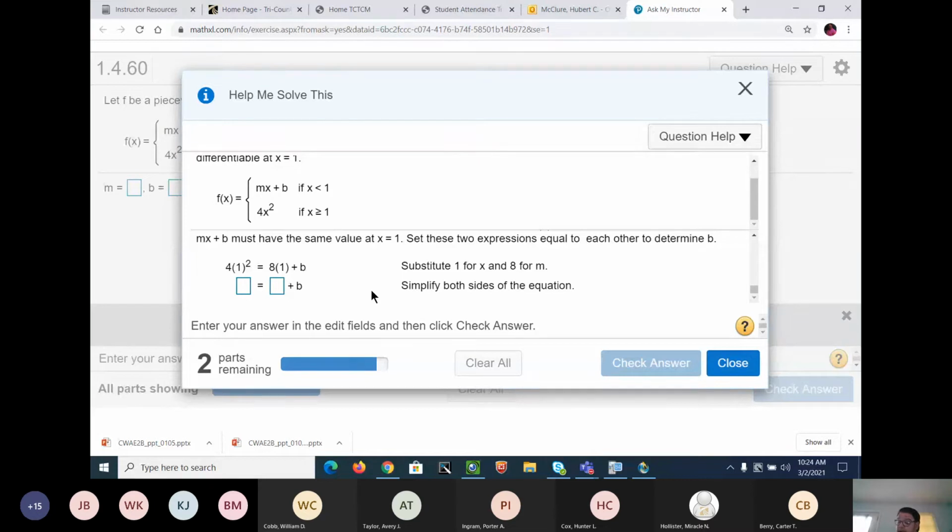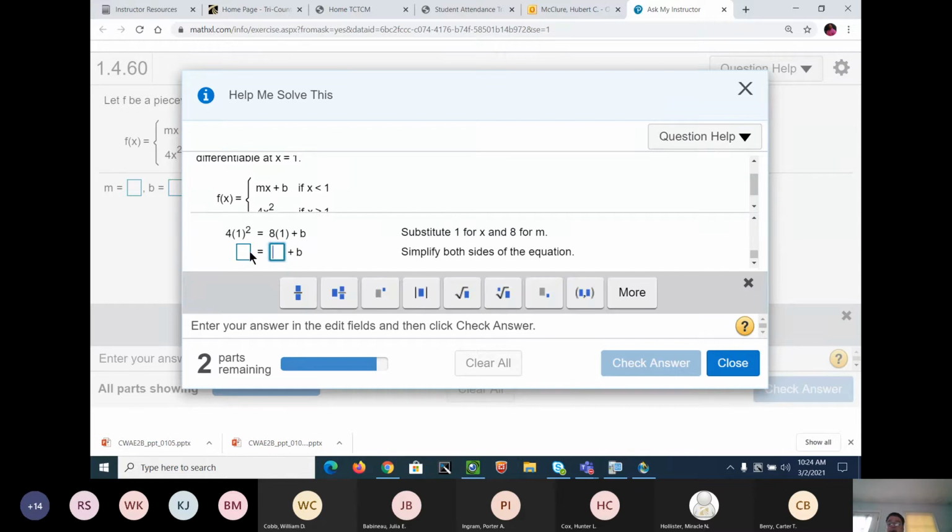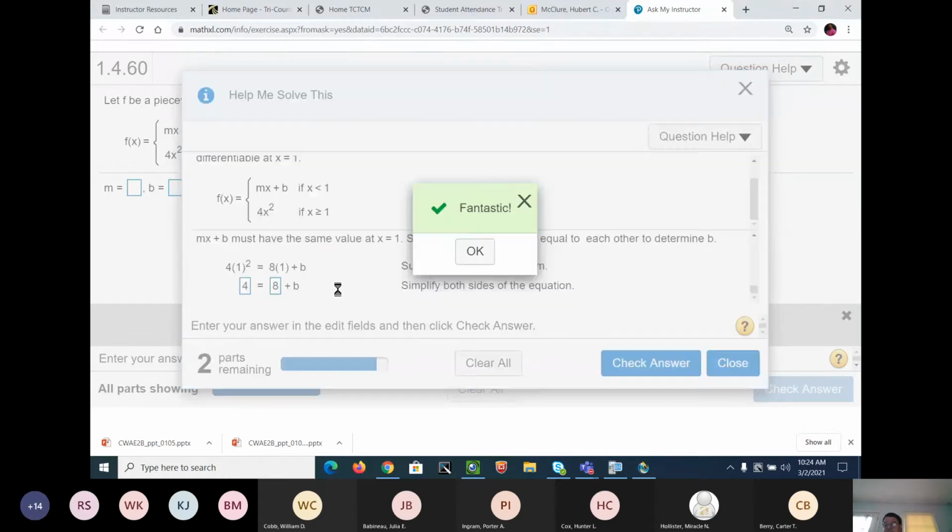That's going to be 4 times 1 squared is equal to 8 times 1 plus b, and that's going to be 4 is equal to 8 plus b. b is equal to negative 4. That should be your answer. 4 times 1 is 4, and 8, and b is equal to negative 4.